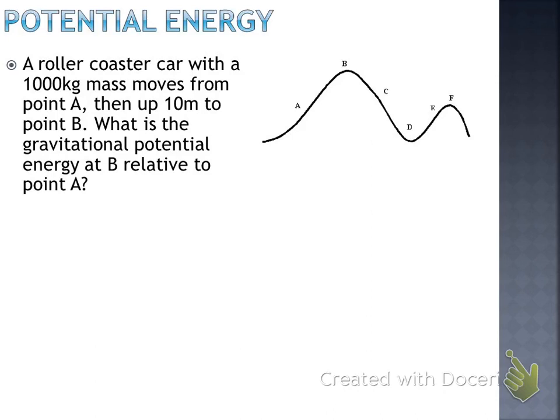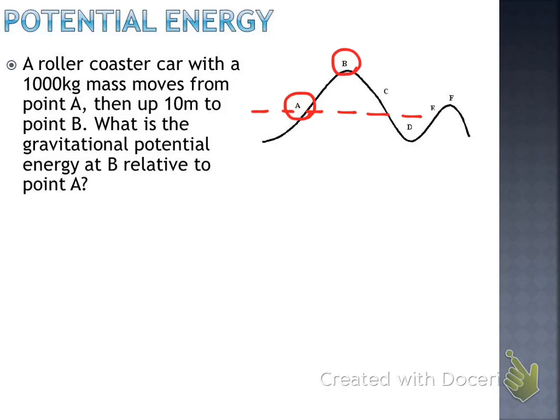Okay. A roller coaster with 1,000 kilogram mass moves from point A, which is here, up to point B. What's the gravitational potential energy at B relative to point A? Okay, so when it says relative to point A, that means we're kind of looking at A as our ground level, right?